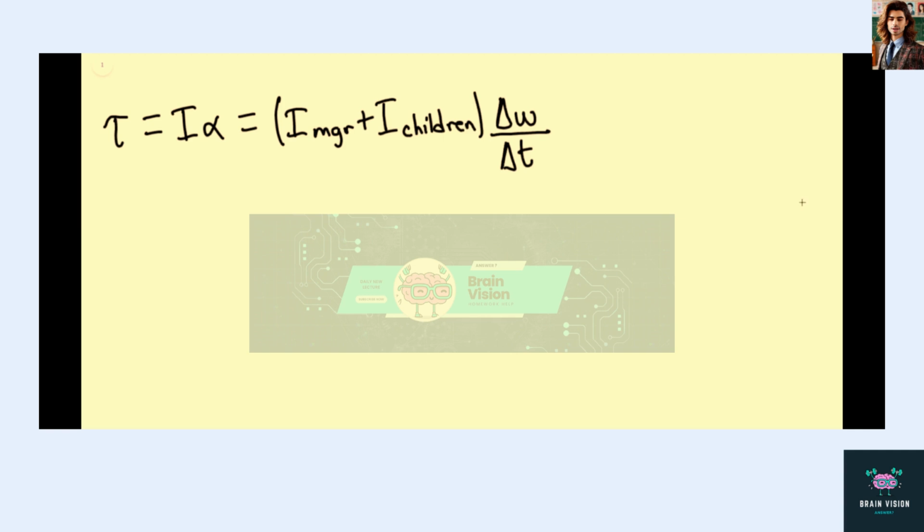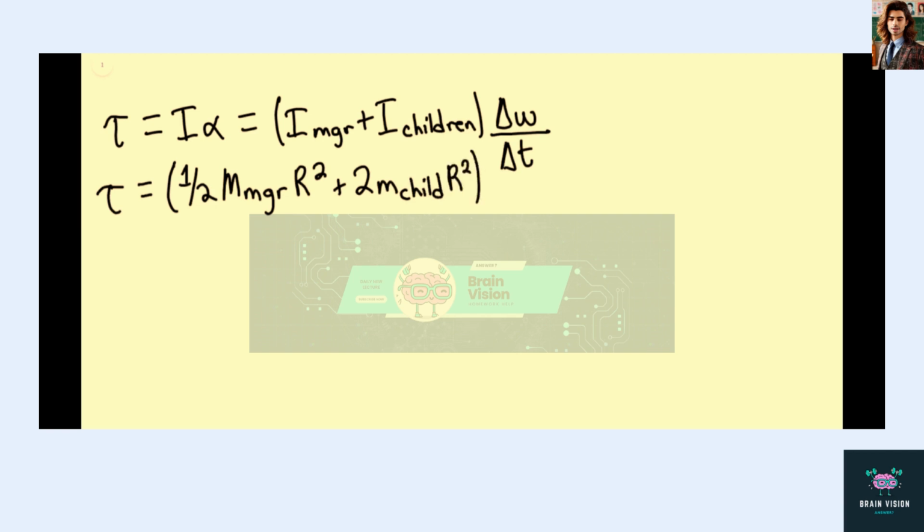We can substitute and say that the torque would then be equal to 1/2 times the mass of the merry-go-round multiplied by r squared plus 2 times the mass of the child times r squared, multiplied by omega final minus omega initial divided by t.